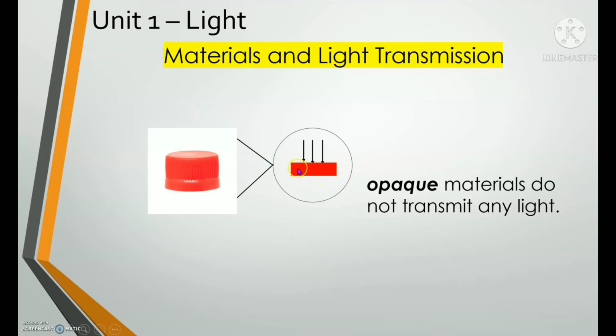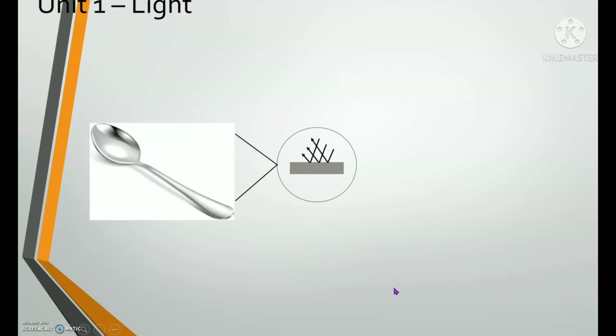This is the surface of an opaque material. The light arrows cannot go through the opaque material. So it's very clear that light does not go through an opaque material. What is the material that does not transmit any light? Very good. Now let's move on.